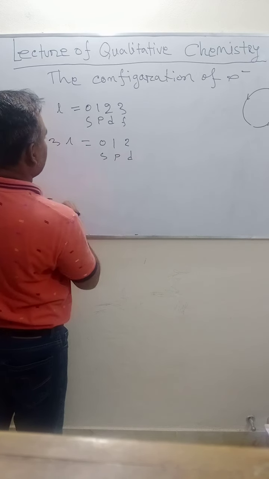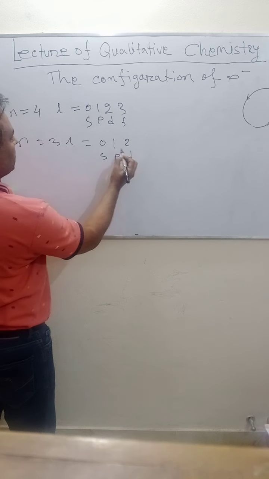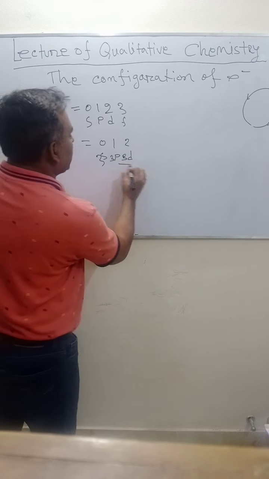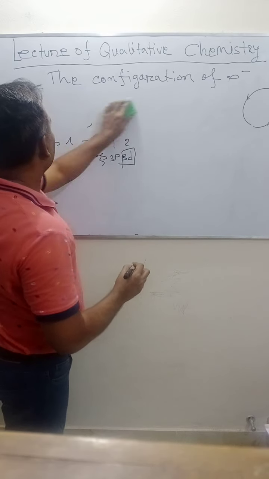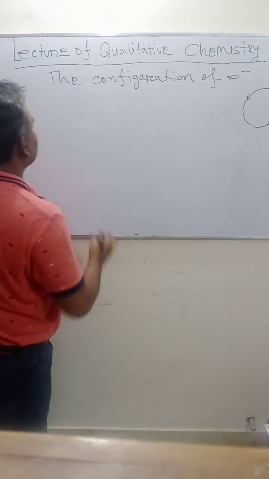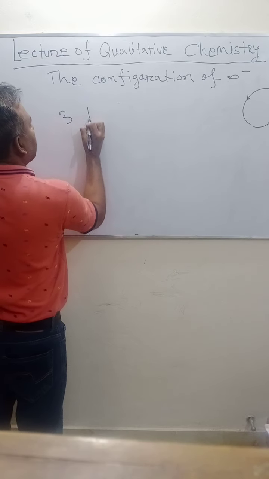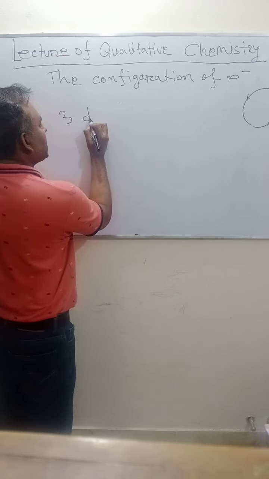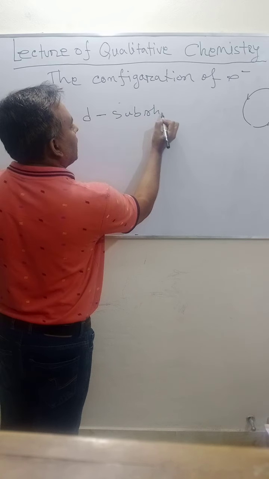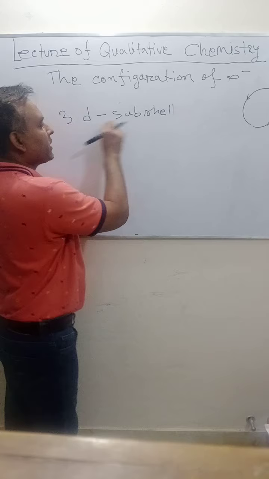SPD. That means 3s, 3p, 3d orbitals. Okay, we discussed the 3d orbitals. This is the 3d subshell.